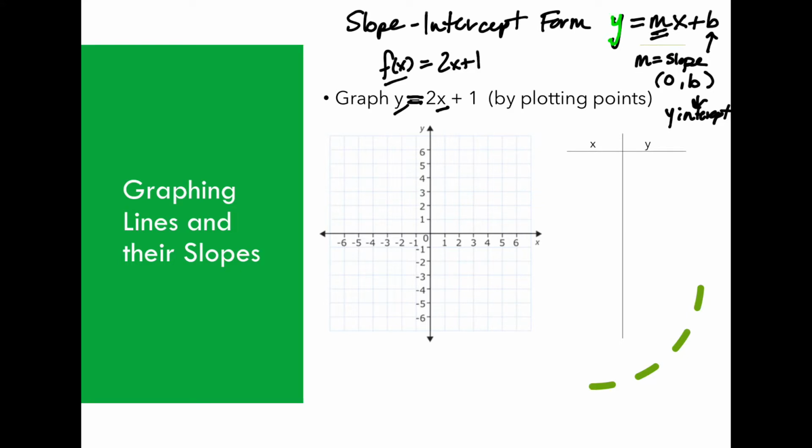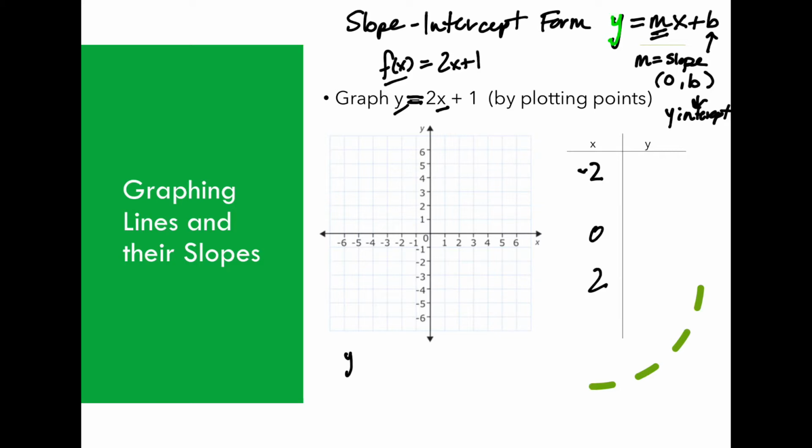So what that means is I can just pick some values for x, especially when it's solved for y like this. So let's say I'll plug in -2, 0, and +2. And I'm going to plug these in and get a y outcome, right, that are paired up with these x's.